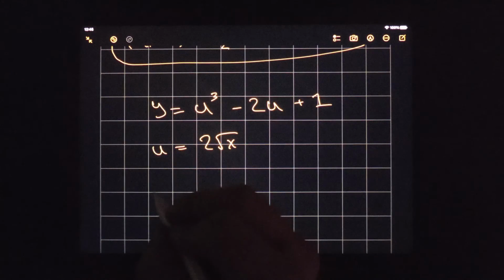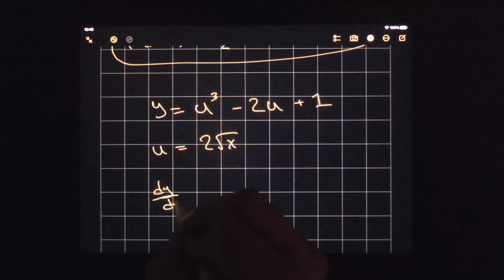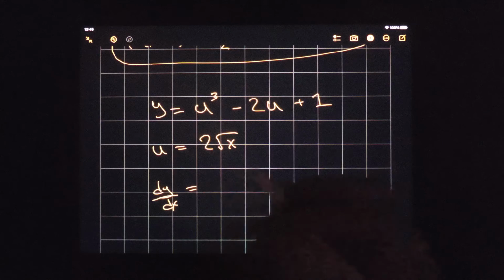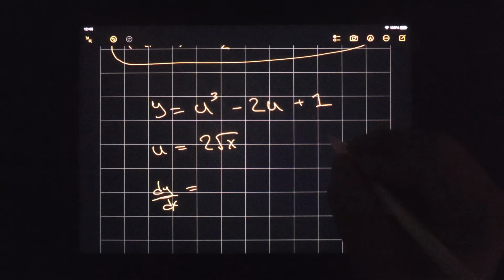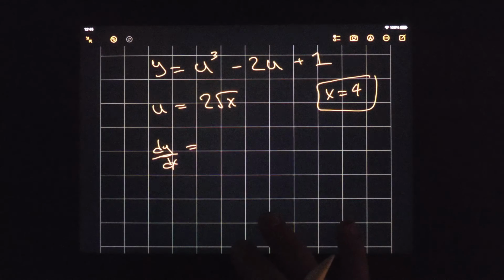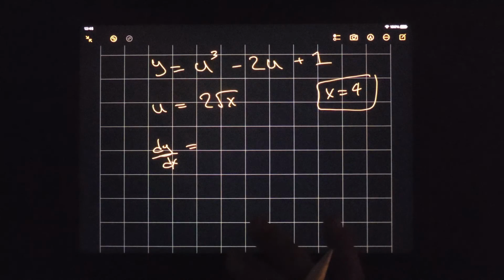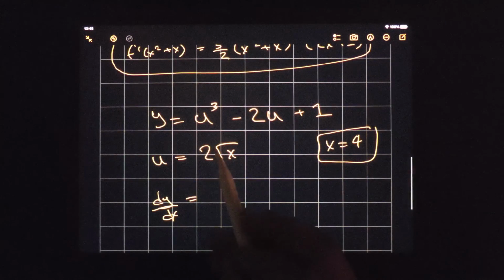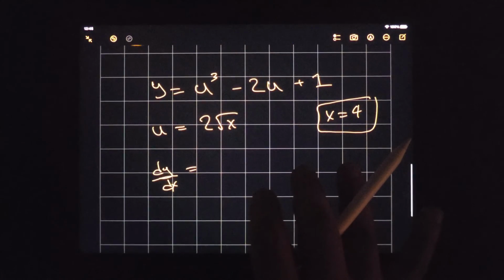So we're going to find the derivative dy over dx, but we also want to find it when x is equal to 4. We want to solve for that. So if we apply our inner function, this is our inner function, that is our outer function.